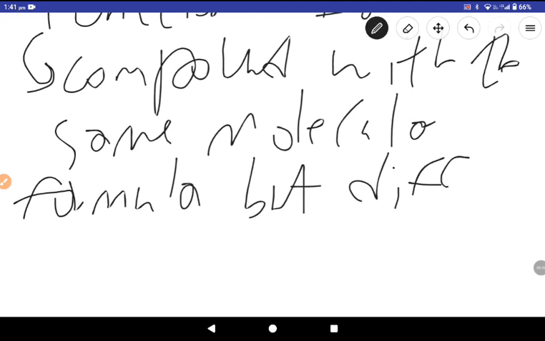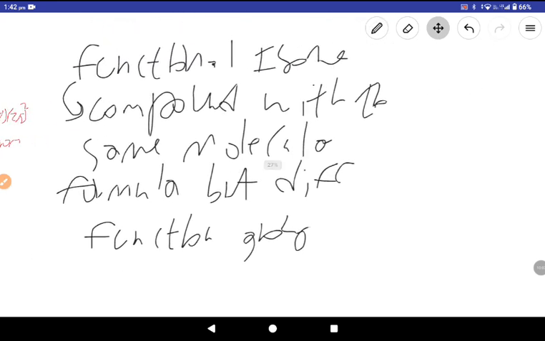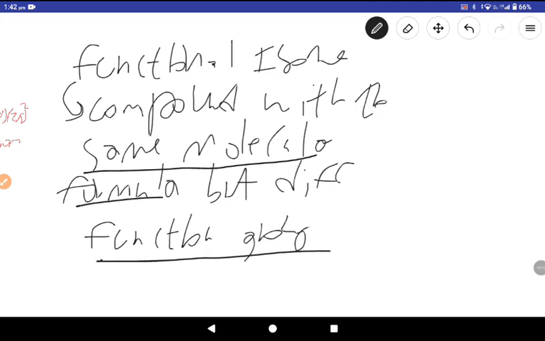Different functional group. We want to understand what it means when they say isomers are compounds with the same molecular formula but different functional group.